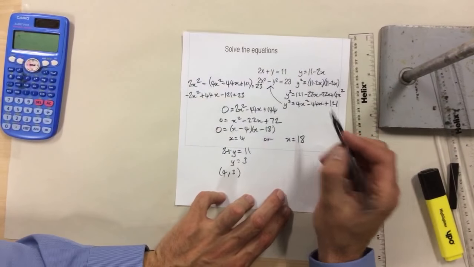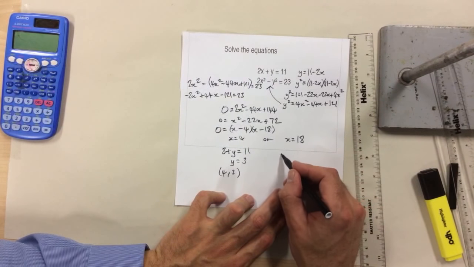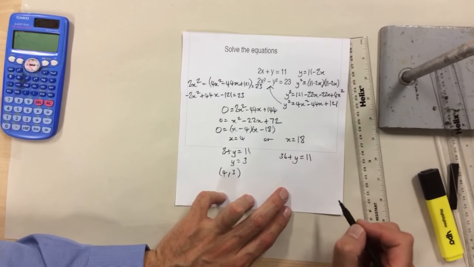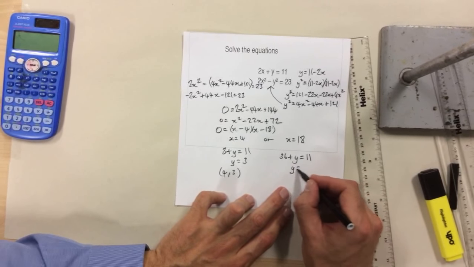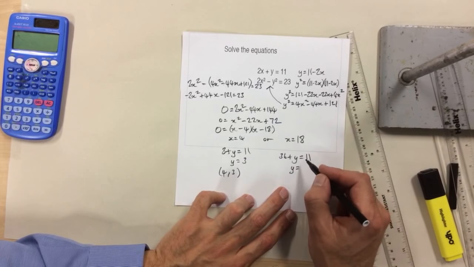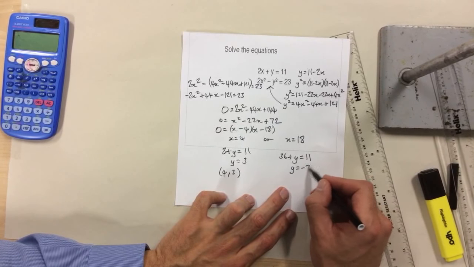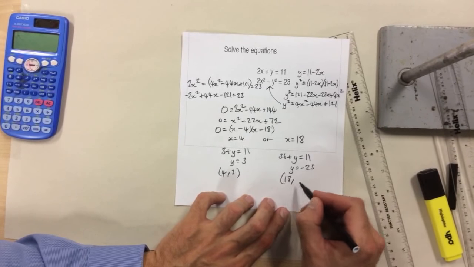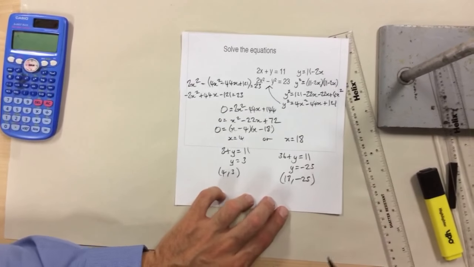And the second one, if x is 18, we've got 36 plus y equals 11. So y would equal minus 25. So my intersection this time will be 18 and minus 25.